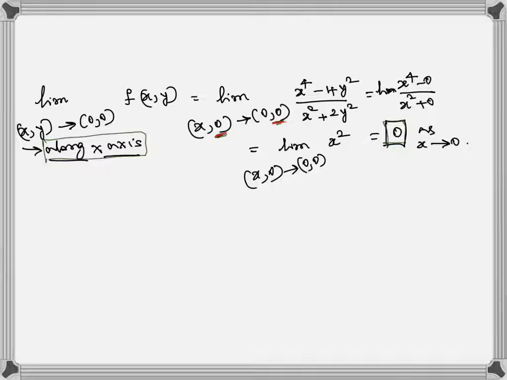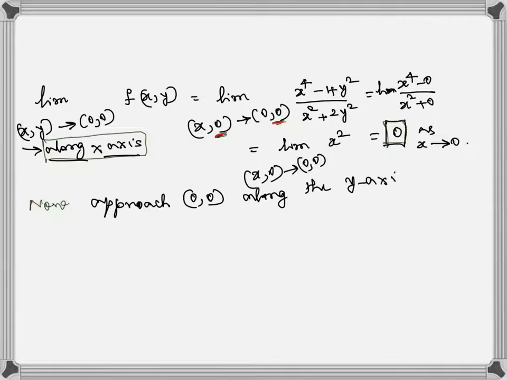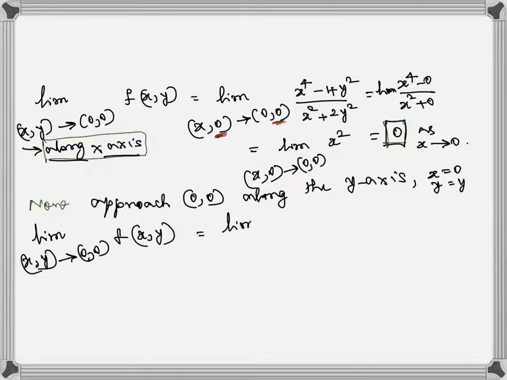We'll choose another path, different from the x-axis, which could be the y-axis. So now approach (0, 0) along the y-axis. On the y-axis, x is 0 and y is some value. So the limit as (x, y) approaches (0, 0) of f(x, y) is the limit as (0, y) approaches (0, 0), because x is 0.